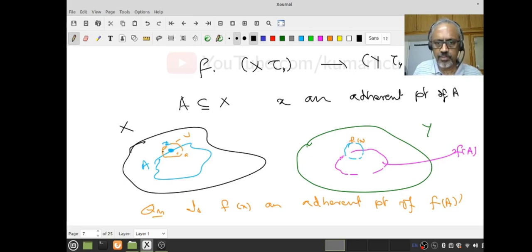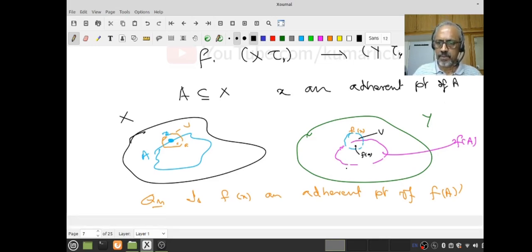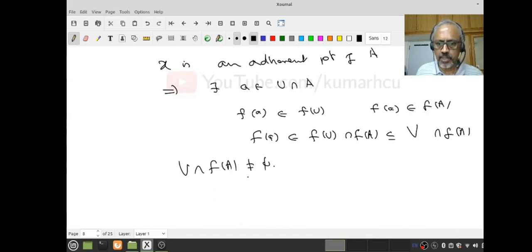Then using continuity I found a U. Now U is an open neighborhood of x, and x is an adherent point of A, therefore there is a common point a in A and U. But f(U) is contained in V, therefore f(a) will be in f(U) as well as in f(A), so it lies in V intersection f(A). Pause, review, proceed.